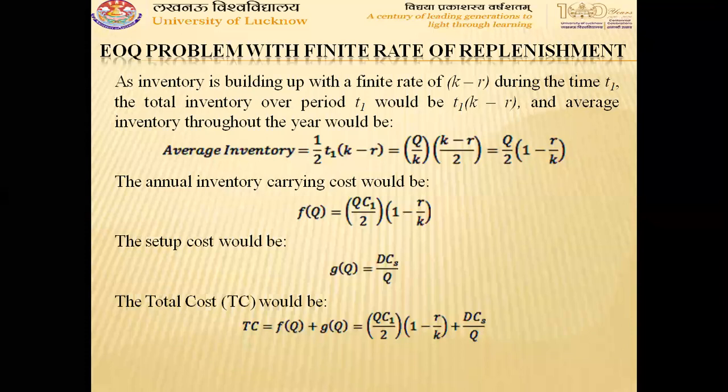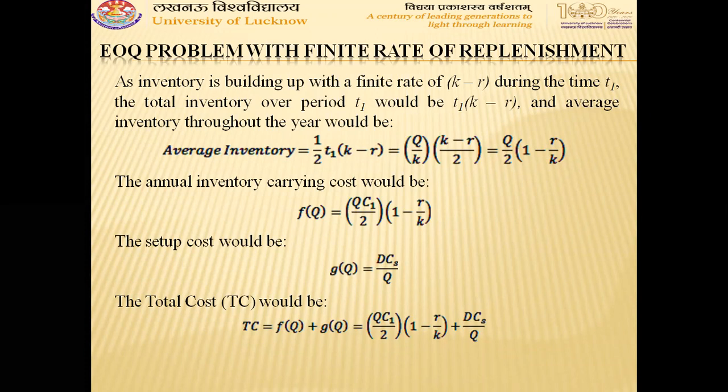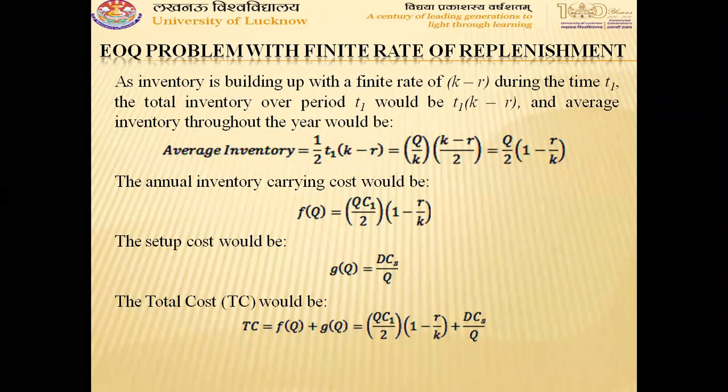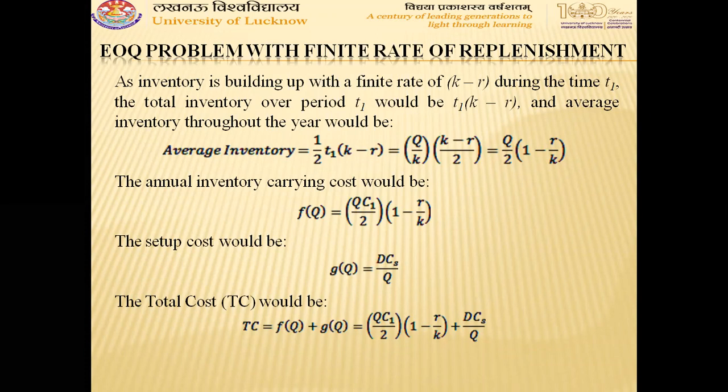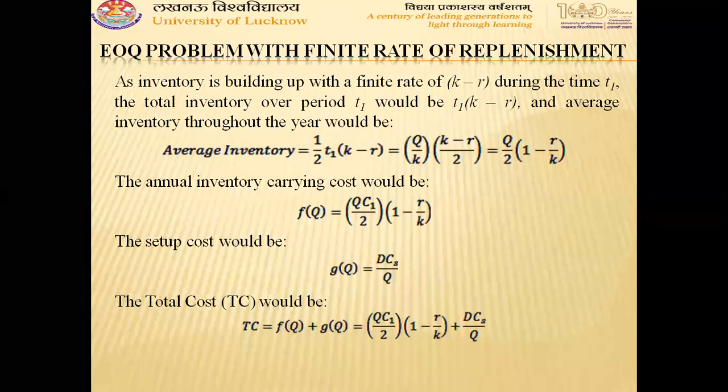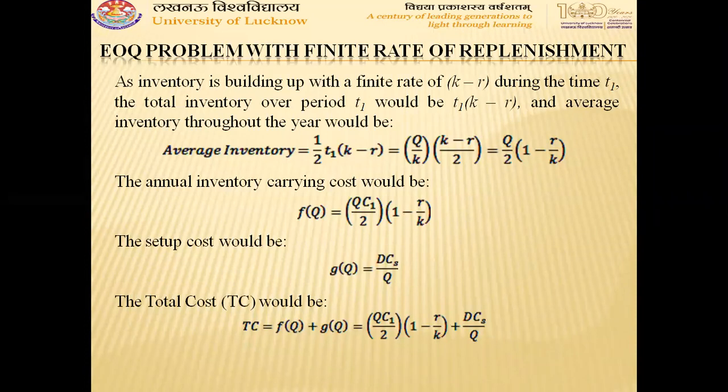And from the equation Q equals T1 into K, we can put the value of T1. So average inventory will become Q upon K into (K minus R) by 2, which can be modified and written as Q by 2 into (1 minus R upon K).